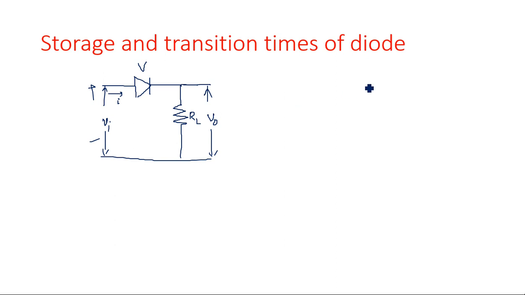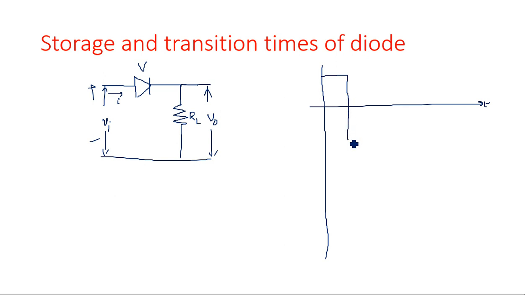Now the input voltage applied across the diode is this.